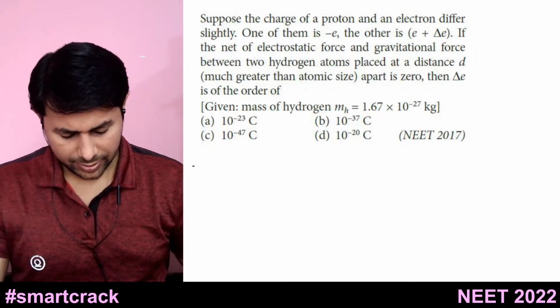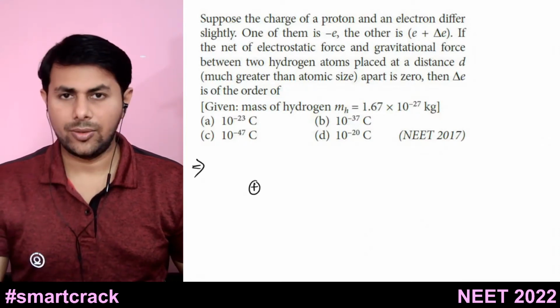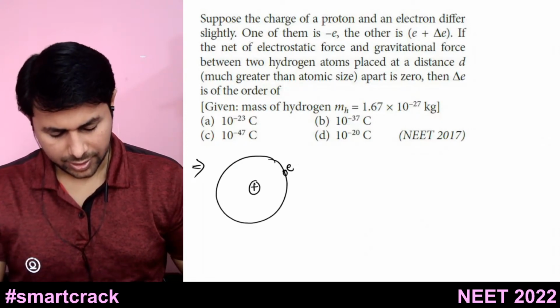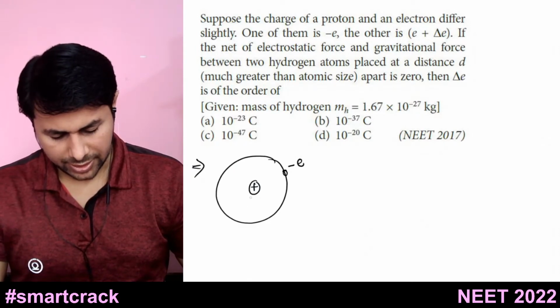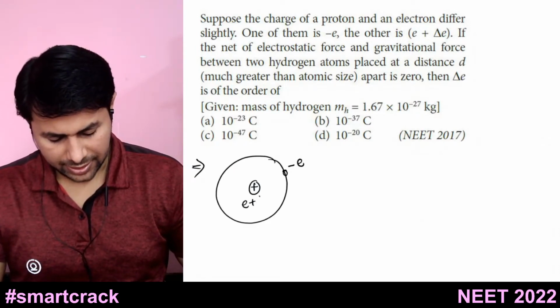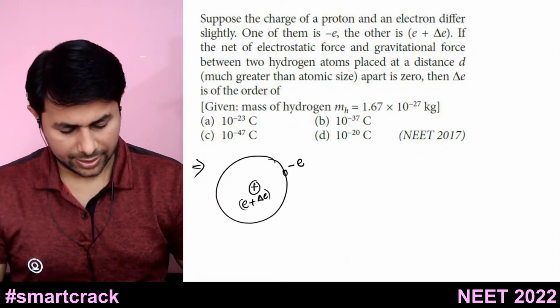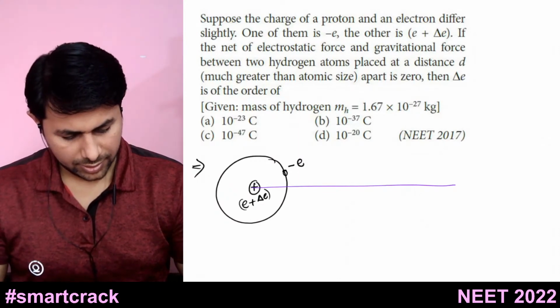So you have two hydrogen atoms. There is one proton, one electron. Charge on electron is minus E. Charge on proton is how much? It is E plus delta E. And then you have another hydrogen atom at some distance.